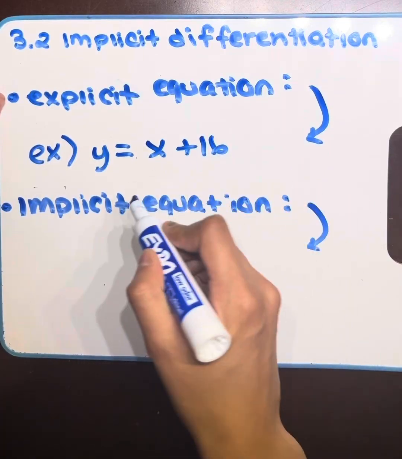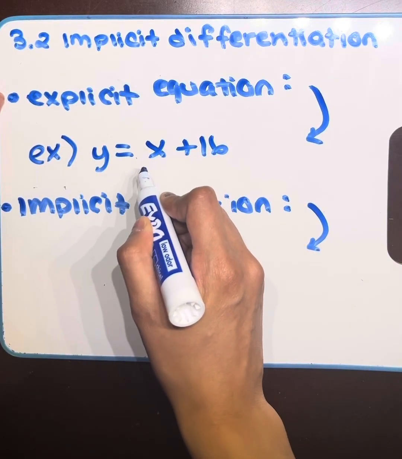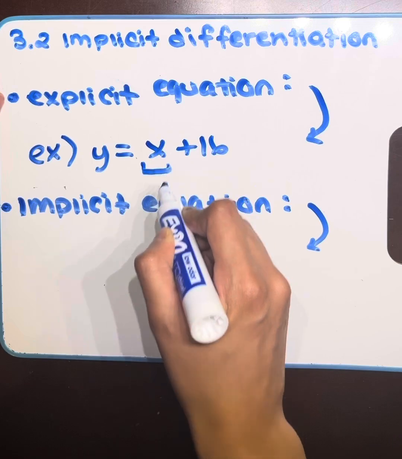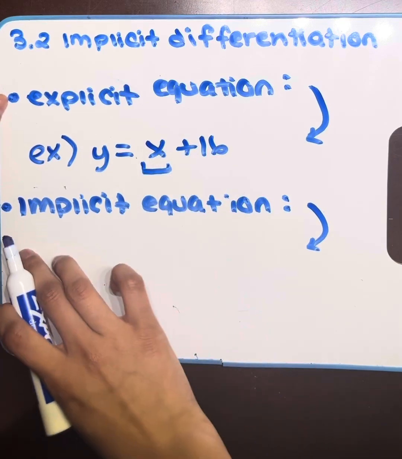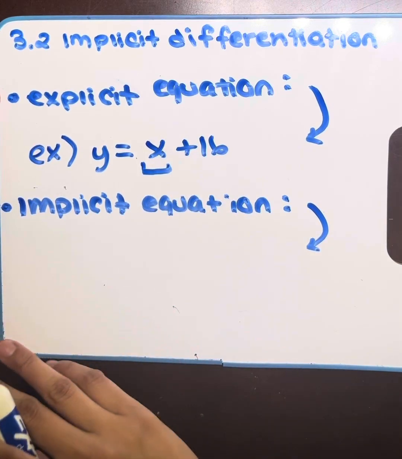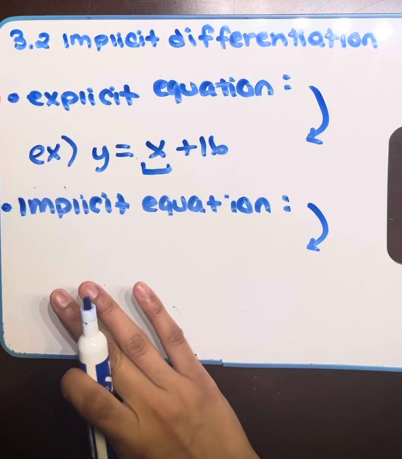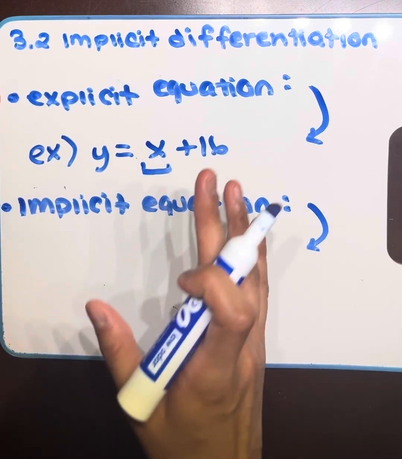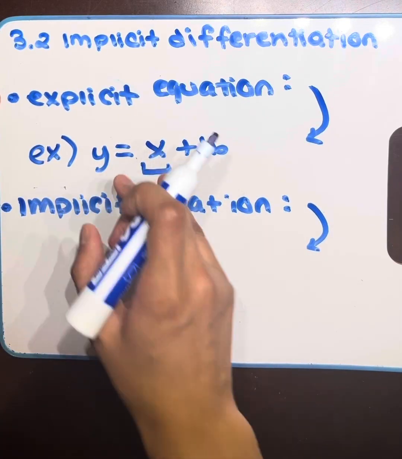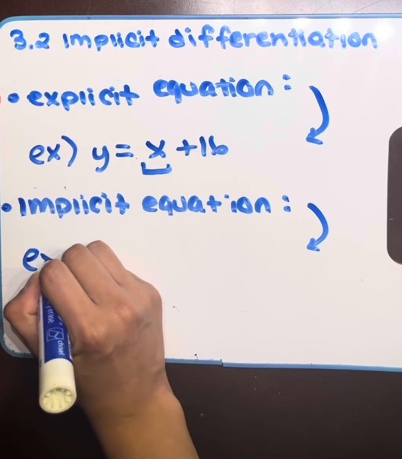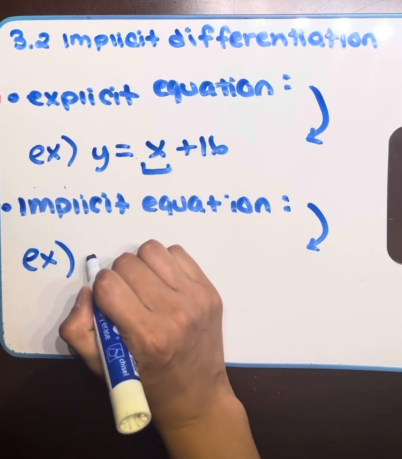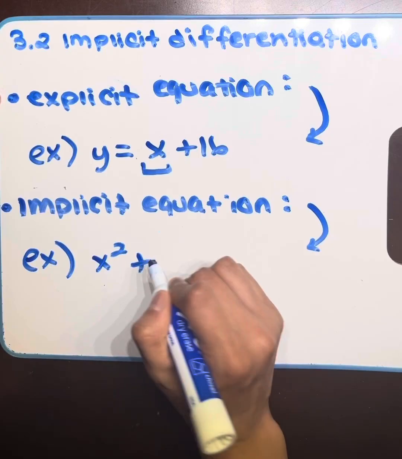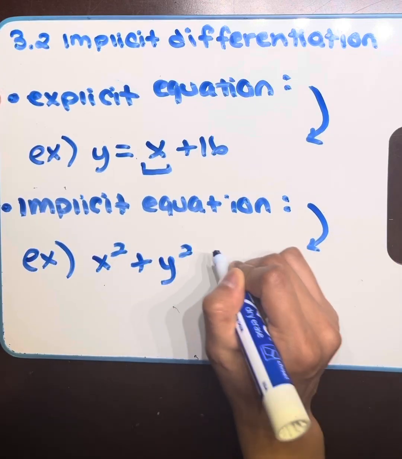We see here that y is in terms of x, and it's only in terms of one variable, which in this case is x. An implicit equation has multiple variables that are not expressed solely like in this equation. So for this example, we can have x squared plus y squared equals 16.